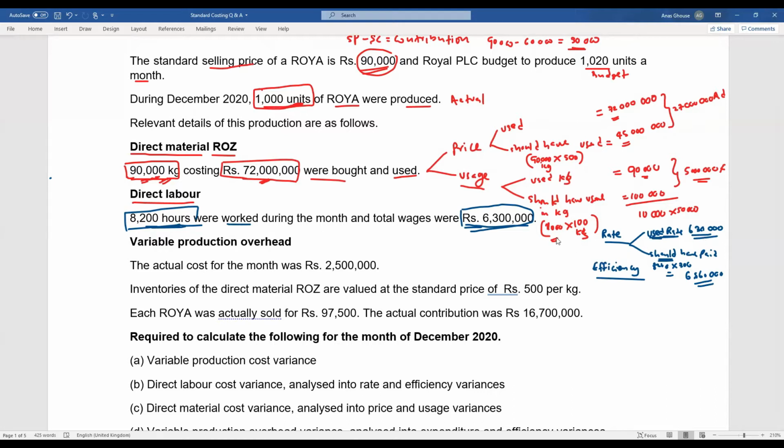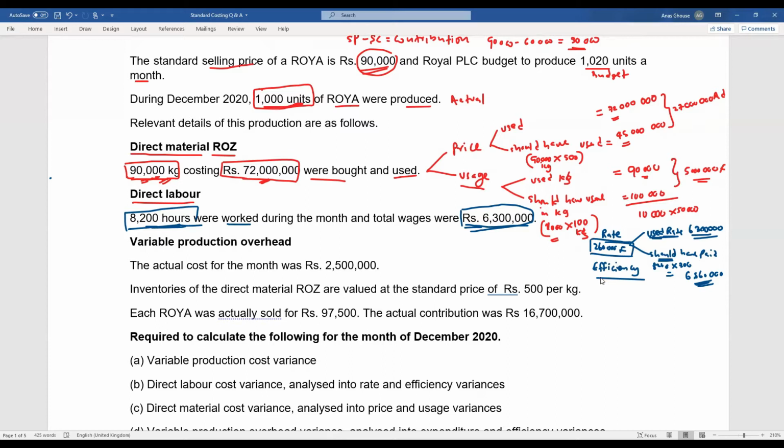The rate variance is favorable because we paid only 6.3 million, whereas we should have paid 6,560,000. So the variance is 260,000, a favorable variance.